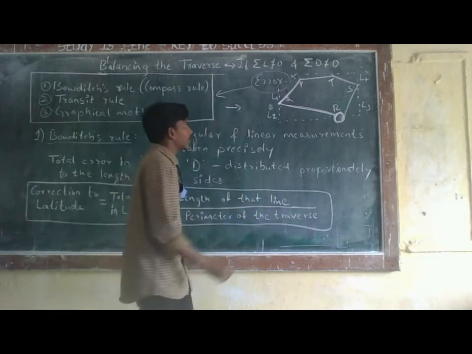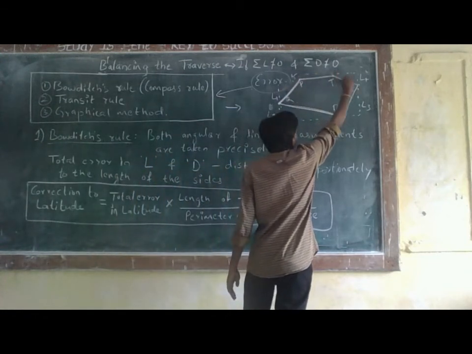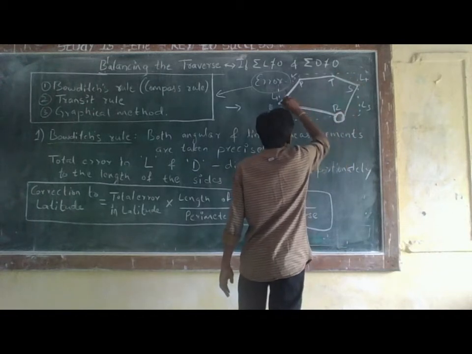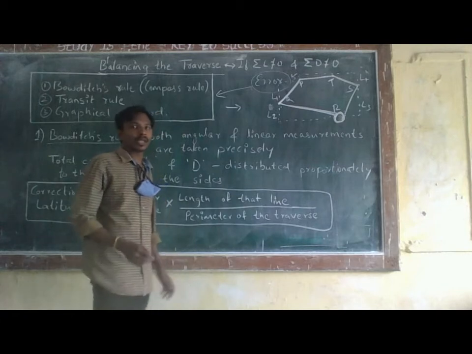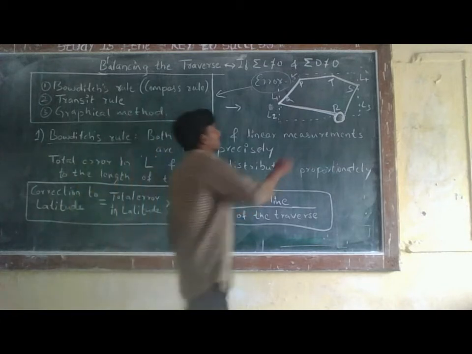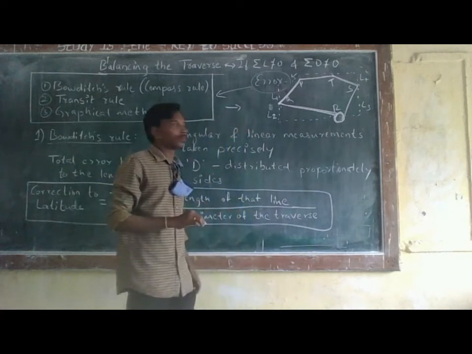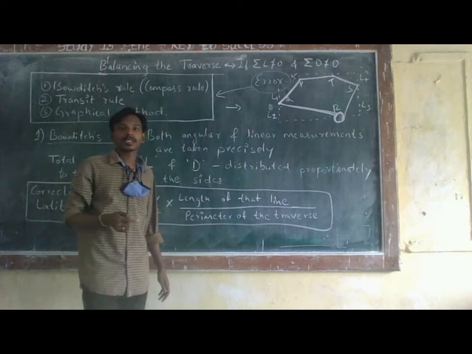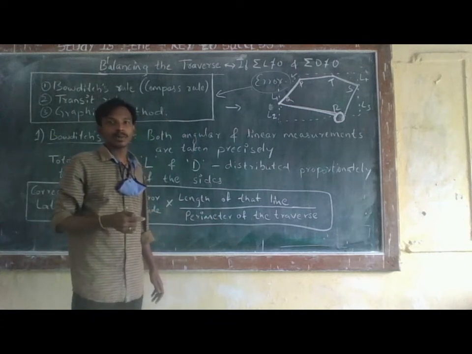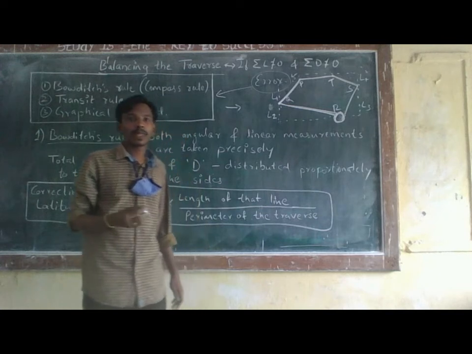Perimeter of the traverse means you have to add all the traverse sides. Here perimeter means ಸುತ್ತಳತೆ, so the complete traverse perimeter must be taken. I am using Kannada because some of the students asked me to use some Kannada words for better understanding.